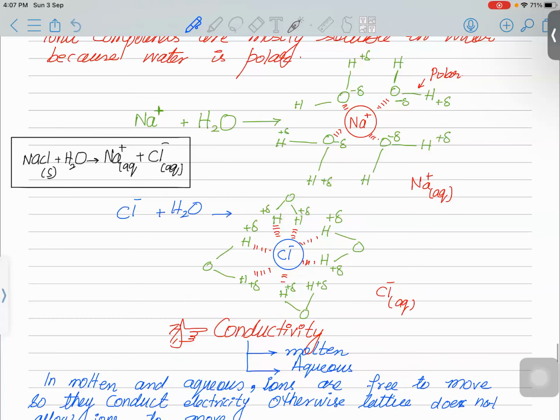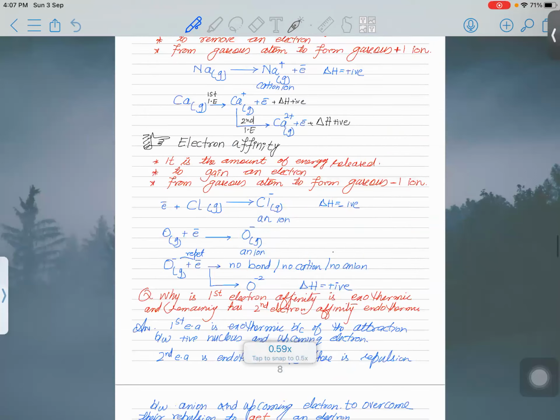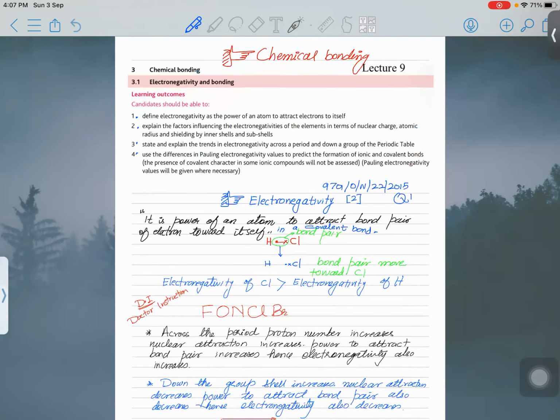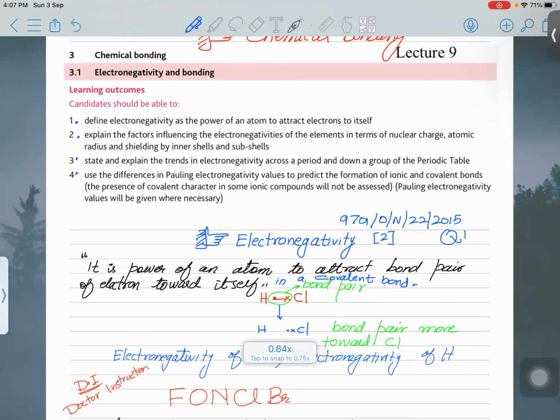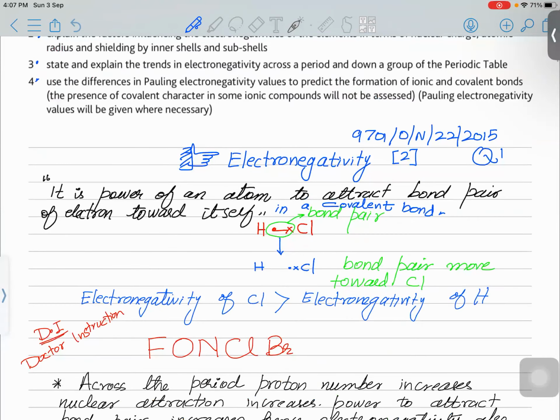Now look at the syllabus again. First is define electronegativity, explain the factors influencing the electronegativity of the elements, state and explain the trend of electronegativity across the period, and Pauling scale value. We have discussed all.